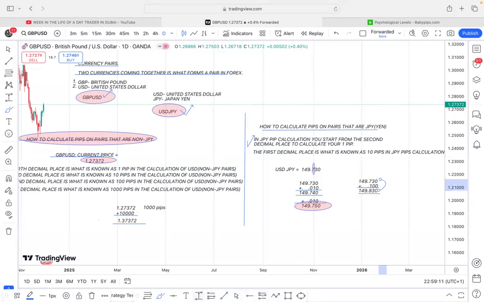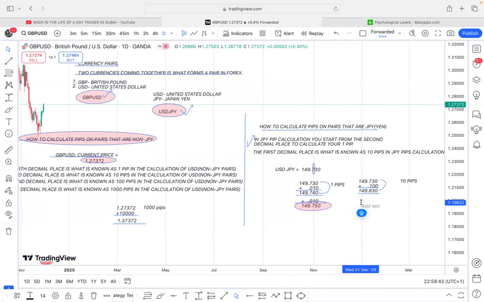As if you are calculating a 10 pip move on JPY pairs, 10 pip move. Now this one here was 1 pip move from here to here, was when price moved 1 pip. That was the new price. Right? Let me do one more example so that we can move forward. I want to teach you guys how to calculate pips using psychological levels. So now the current price here was 149.83.